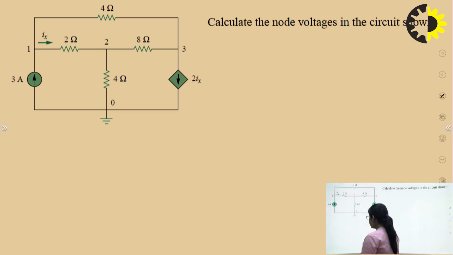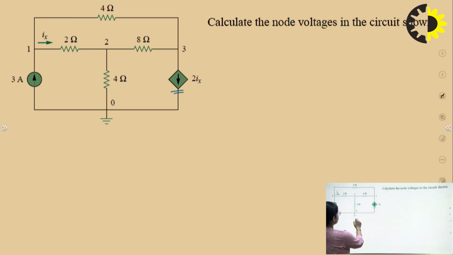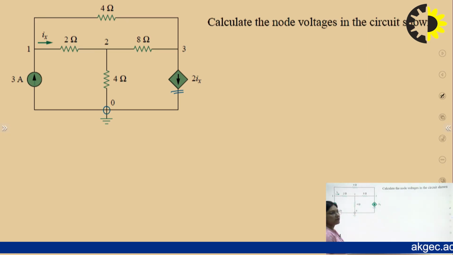Now, this circuit consists of a dependent current source. This is a dependent current source whose value depends upon the current through this branch. Now we can see there is a reference node having 0 volt potential and there are 3 nodes: node 1, node 2 and node 3.